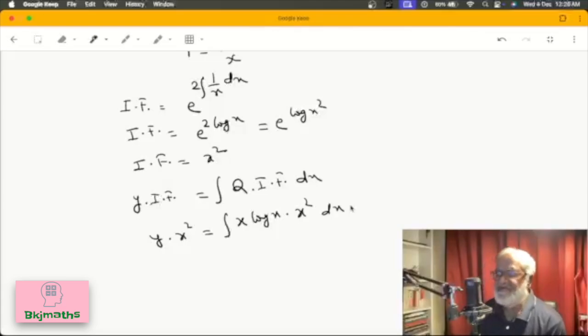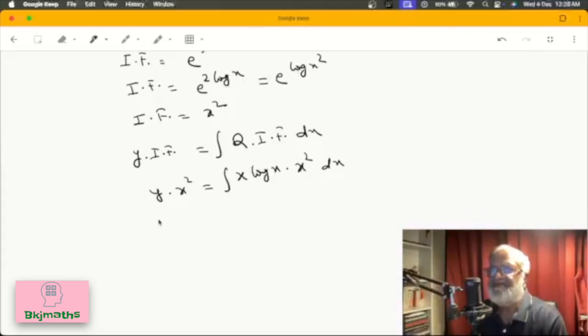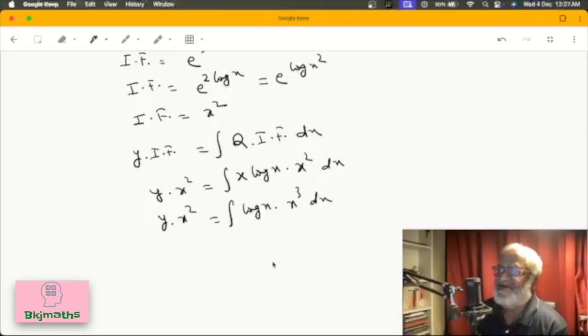So this becomes y into x square equals integration log x into x to the power 3 dx. So again a case of integration by parts. So by ILATE, log is the first function and x to the power 3 is the second function, and integrate by parts.